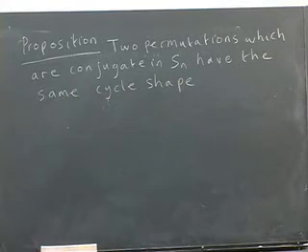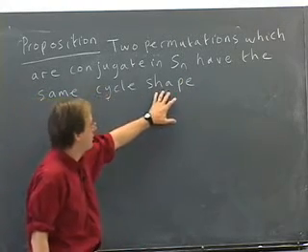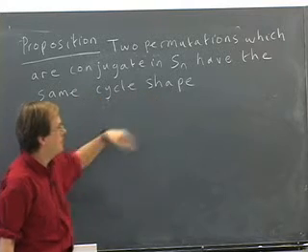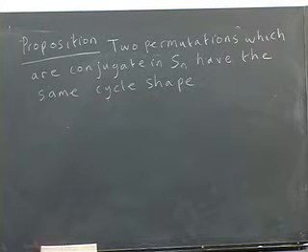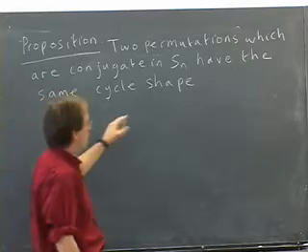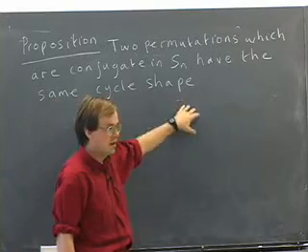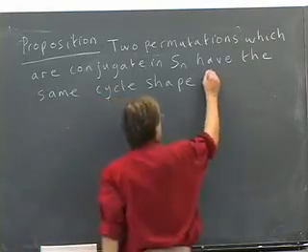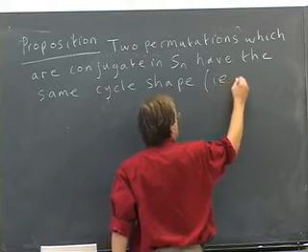So I mentioned it briefly, but I haven't really said what I mean by cycle shape. By cycle shape, I mean when you express them as a product of disjoint cycles, you have the same number of cycles of each length.